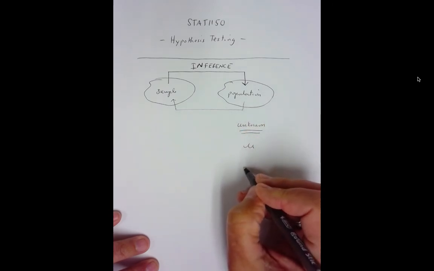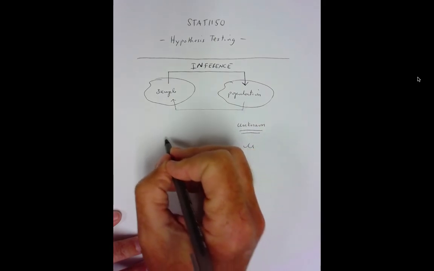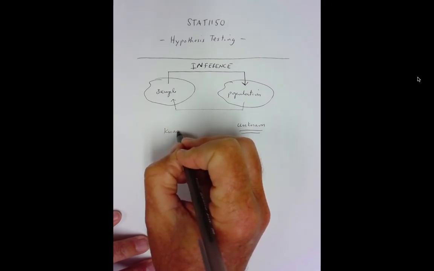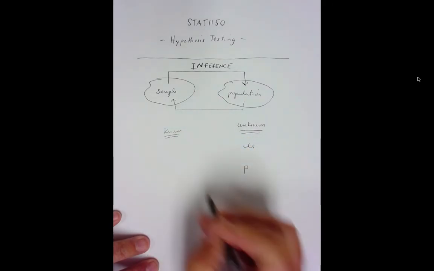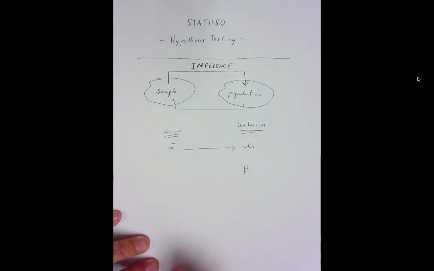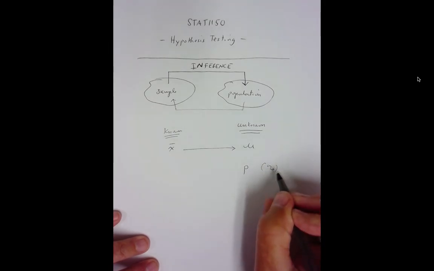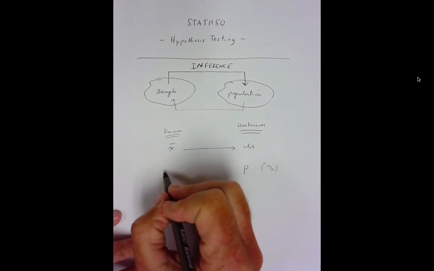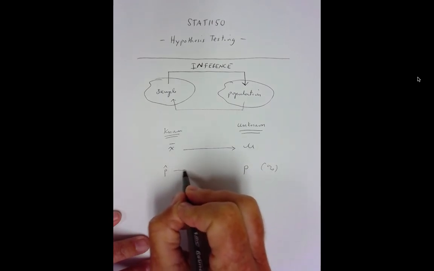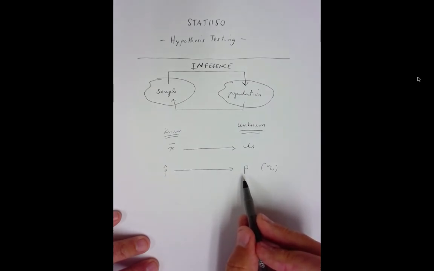So if we wanted to estimate a value for an unknown average in a population, then we would go out and take a sample. In this case, it would be a sample mean, and we would use it to estimate the unknown value of the population mean. If we were dealing with a percentage, categorical variables, we would take a sample proportion and use it to make an estimate of a population proportion.